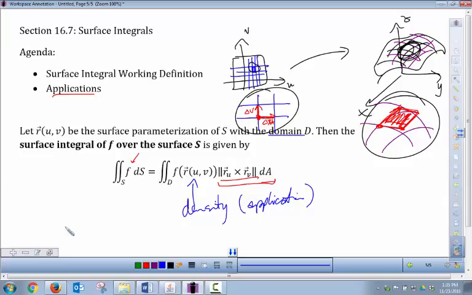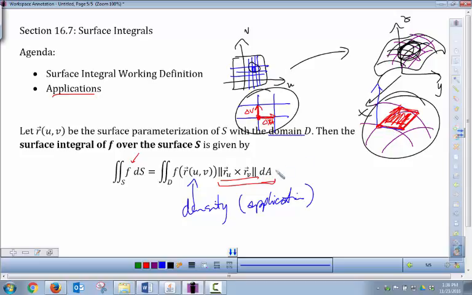But the way to view this is that we're looking at the cross product of the derivative of the parameterization. So this is your parameterization. You take the derivative, and then you get these tangent vectors on the surface. You cross those tangent vectors, you get a normal vector, but we don't care about the normal vector, or not today yet.